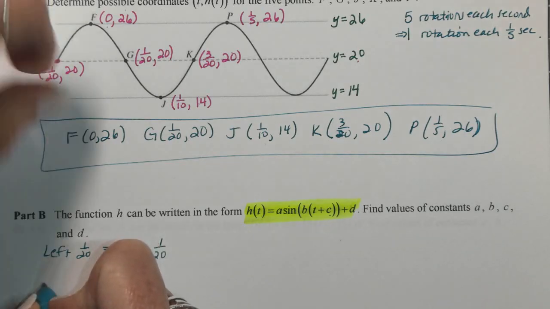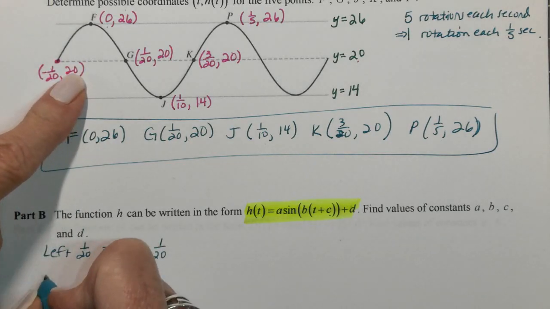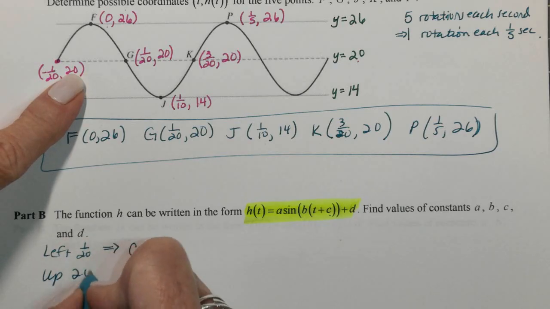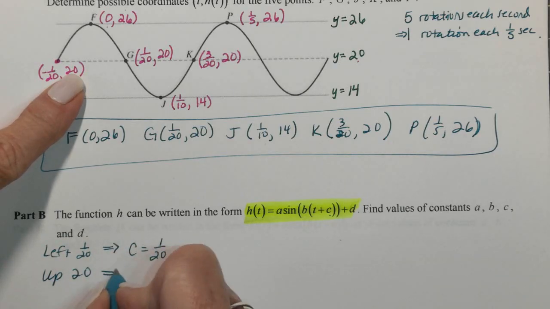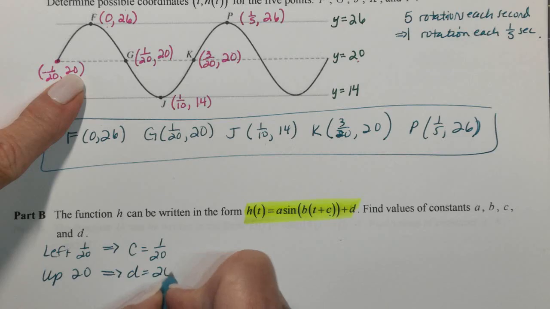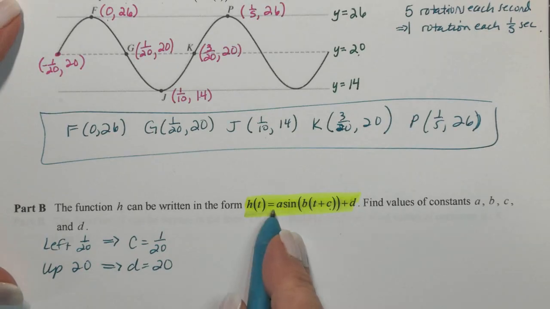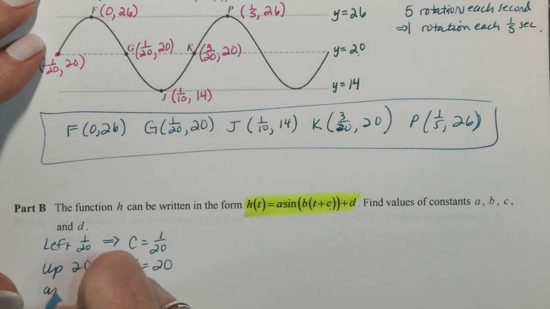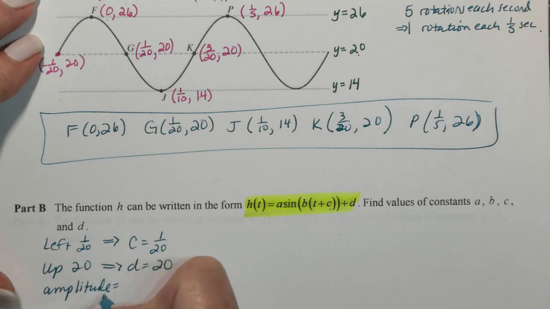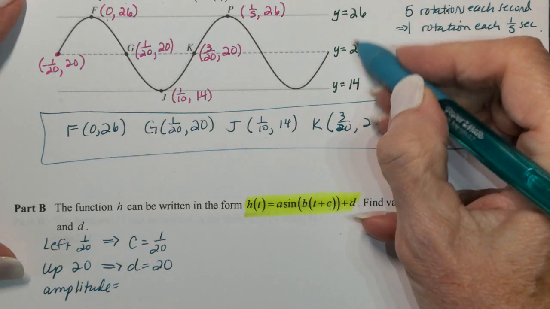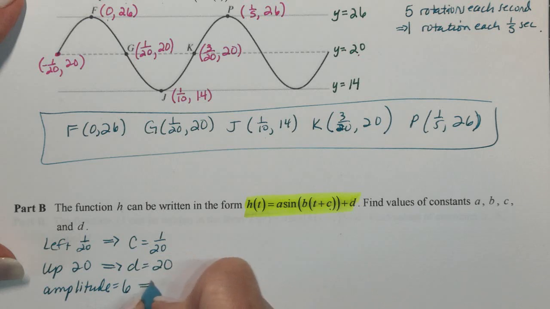And I need to go up 20. That means D will be positive 20. Now let's do the amplitude. The amplitude here is 6. That means A is 6.